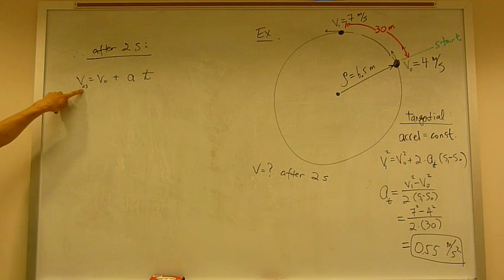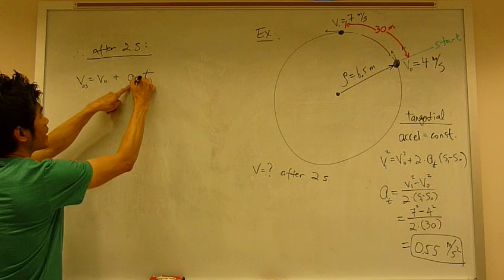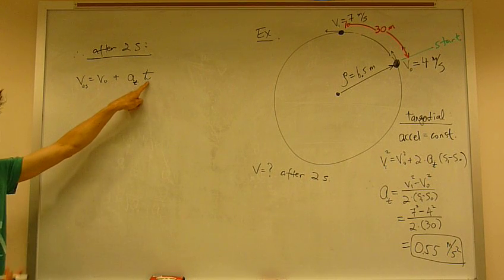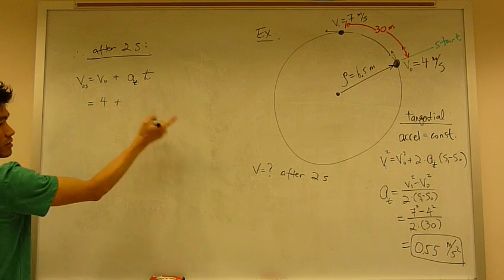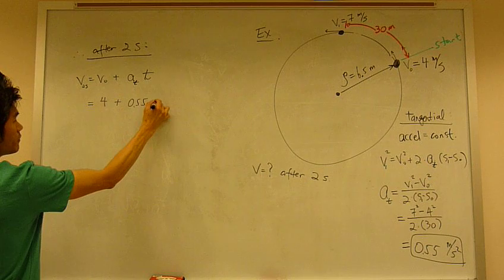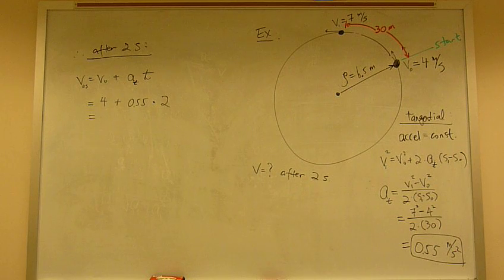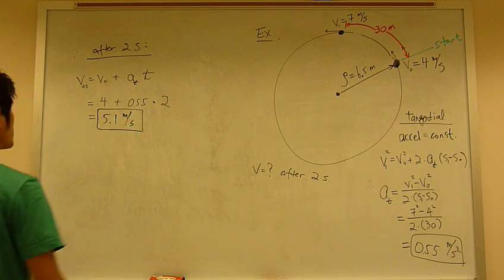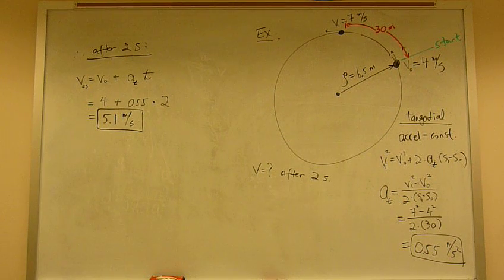So that unknown equals the initial velocity, 4 meters per second, plus the tangential component of acceleration times time. So this simply equals 4 plus 0.55 times 2 seconds. Crunch the numbers, and it gives you 5.1 meters per second. So that's the velocity of the particle 2 seconds after the starting point.